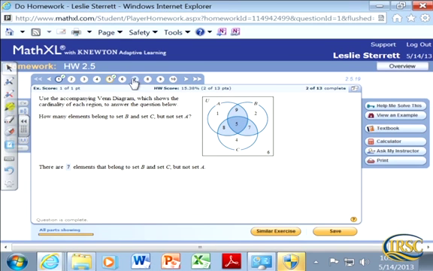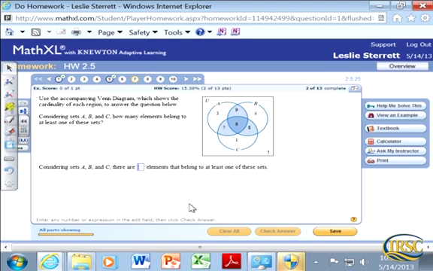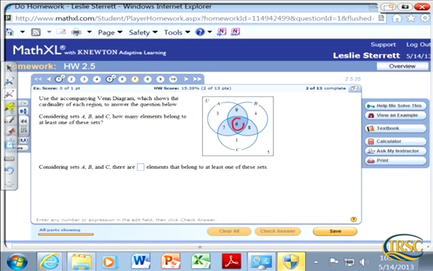Okay, how about this question here? Considering sets A, B, and C, how many elements belong to at least one of these sets? What keywords would you be looking at here?